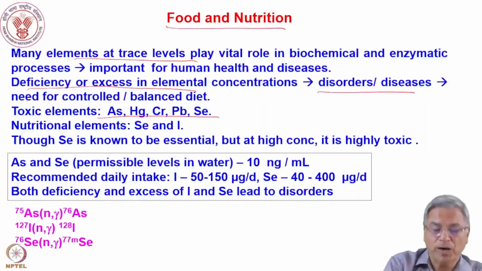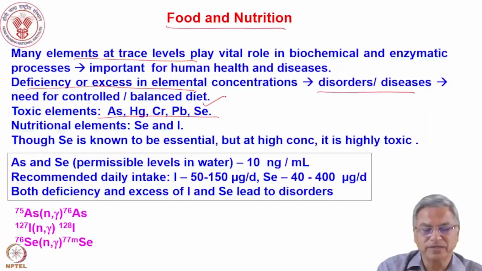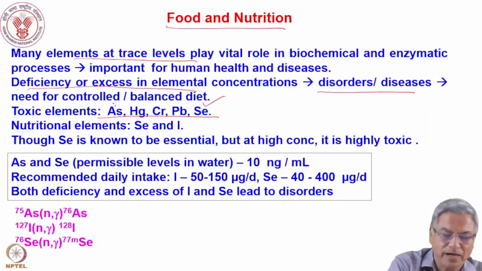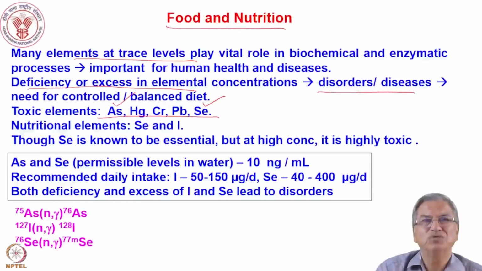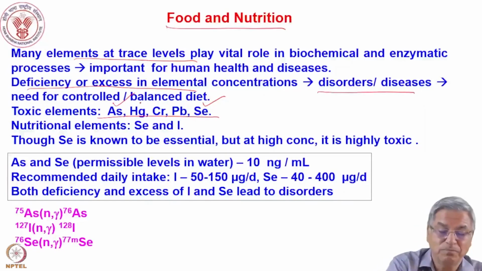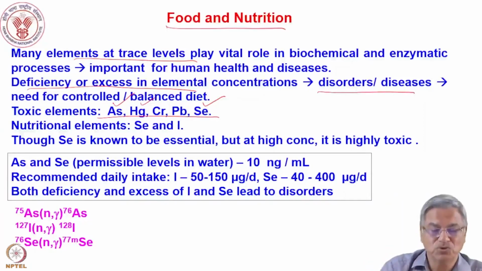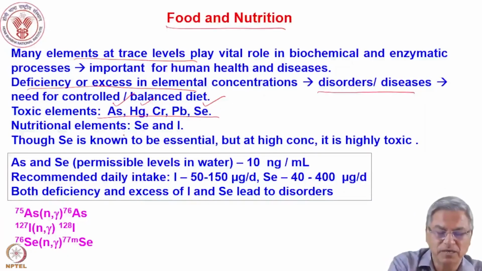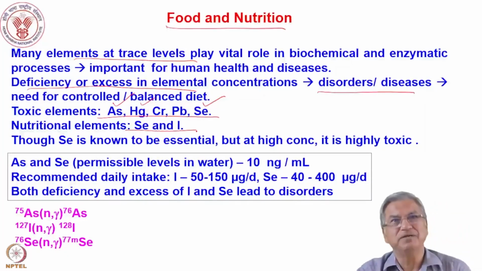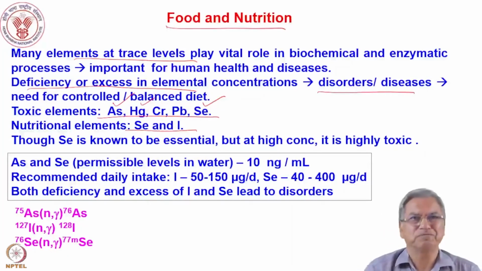In fact, arsenic has medicinal value. Some people used to recommend mercury-laden ashes, which also have some medicinal value. But in terms of nutritional elements, selenium and iodine are required for the body.